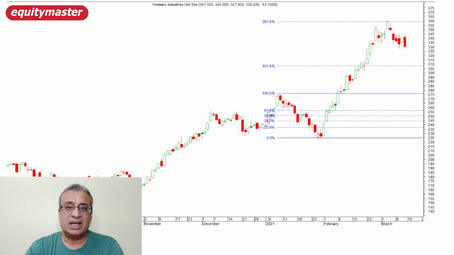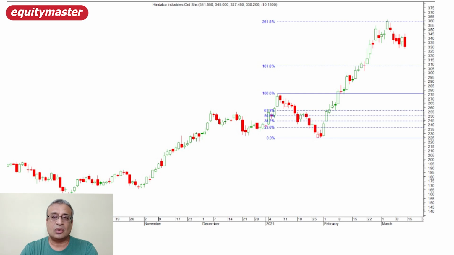You see, the price of Hindalco fell between 8th of January 2021 and continued to fall till 28th of January 2021. That is apparent on the chart that you're seeing on your screen right now.